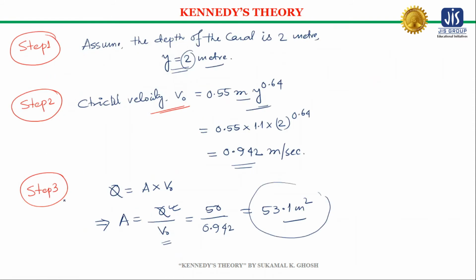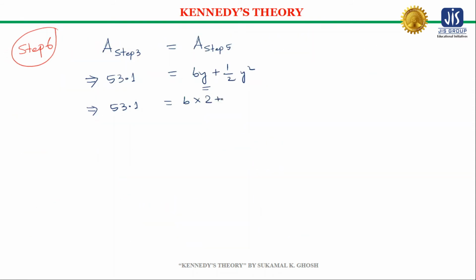So it will be b into 2 plus half into 2 square. Now if you solve it, you will have b equal to 25.55 meter. So we have completed our step 6.